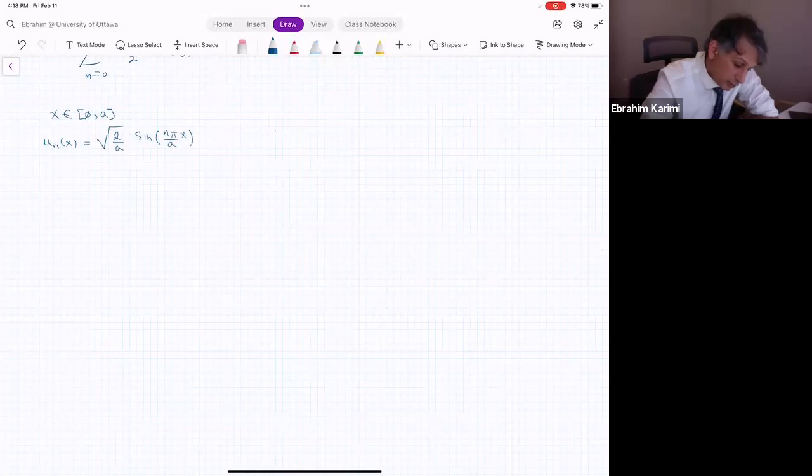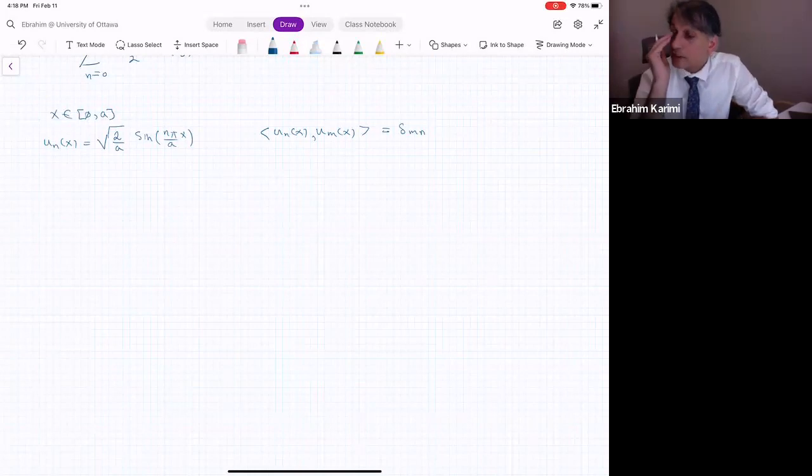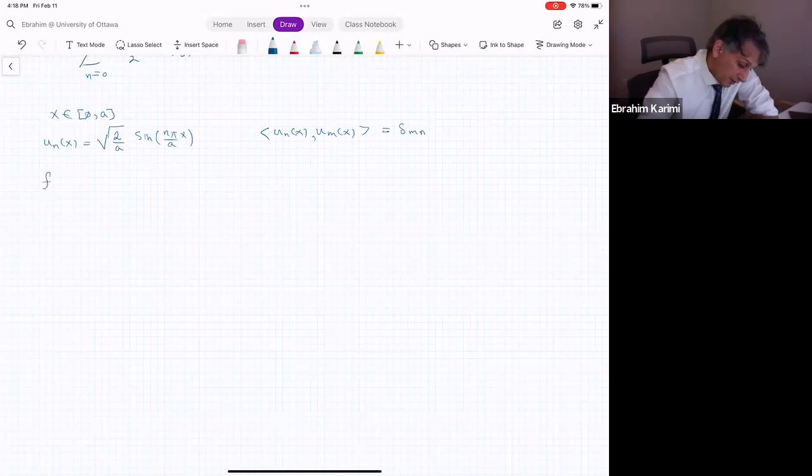And what we found is that the inner product of these two, um and un, is delta of m and n. That was the relationship that we found previously, which means that any f(x) can be expanded in terms of those. So that is the sum of Cn un(x), with n from minus infinity to plus infinity. And how do you find Cn?